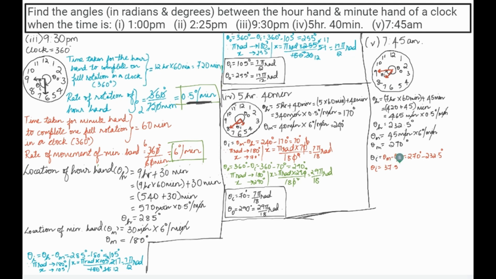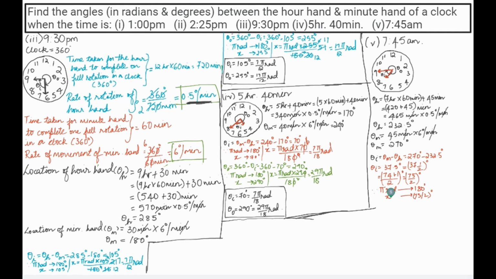37.5 degrees. In order to find it in radians, let us convert this into a fraction, that is 37.5 degrees, which is equal to 37 plus 1 by 2 degrees, which is equal to 75 by 2 degrees. So if pi radians is equal to 180 degrees, how much is 75 by 2 degrees in radians? Let this be x.